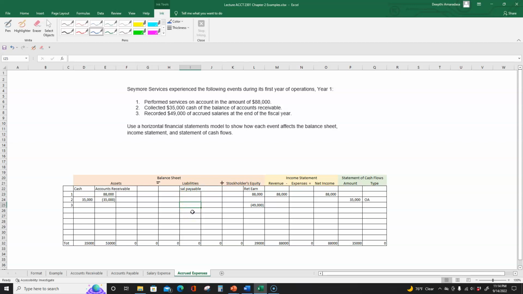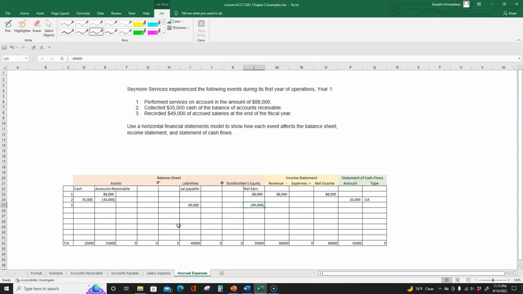Before this transaction, we didn't have any salaries payable, and after this transaction, we have $49,000 of salaries payable. Therefore, the accounting equation is still in balance, and it shows how the balance sheet will have a $49,000 liability and retained earnings will decrease $49,000 as a result of this transaction.